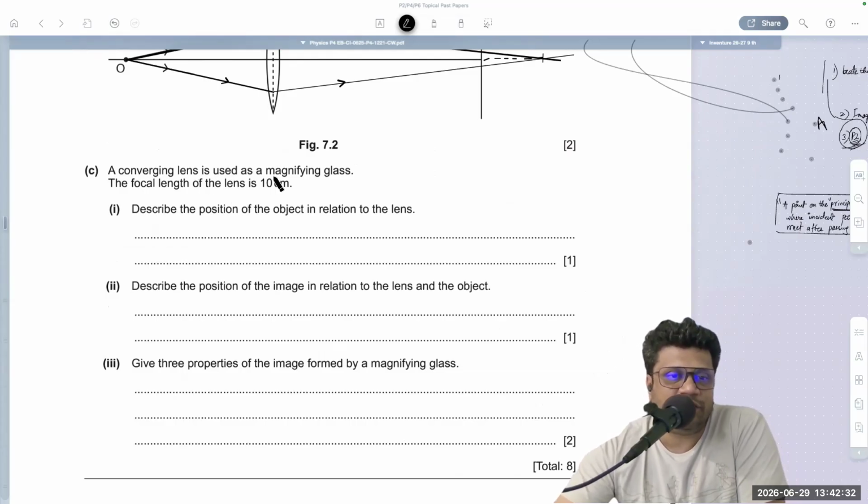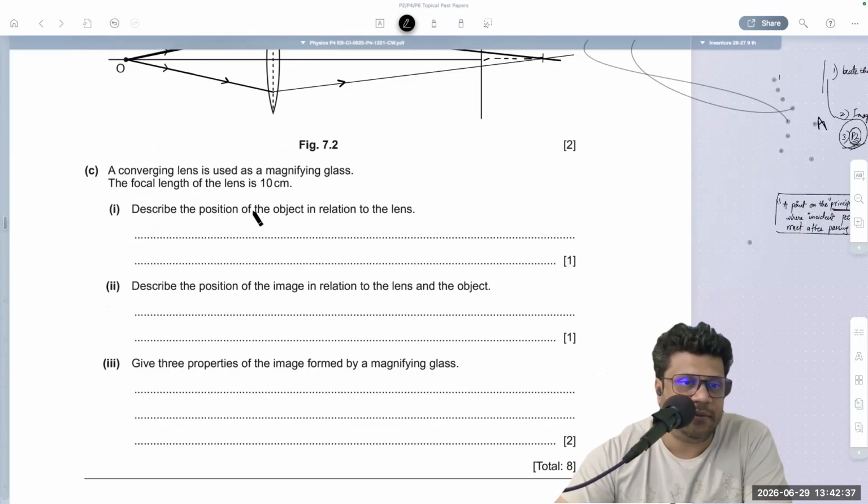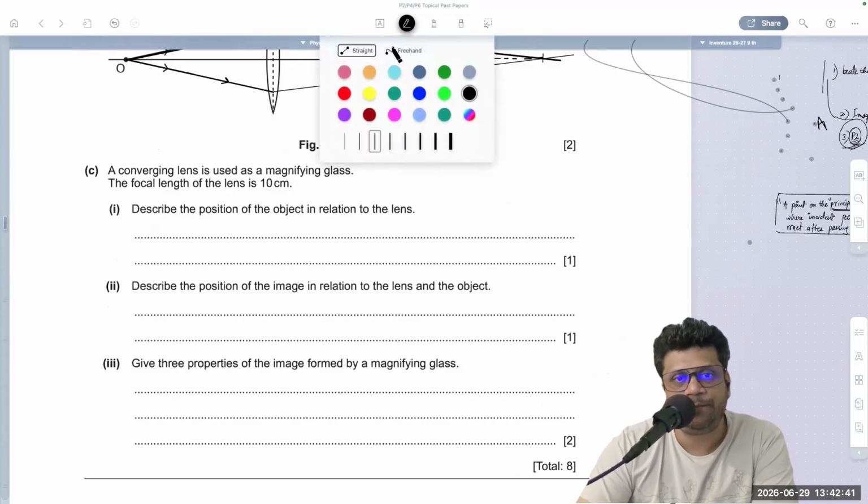A converging lens is used as a magnifying glass. The focal length of the lens is 10 centimeters. Describe the position of the object in relation to the lens.